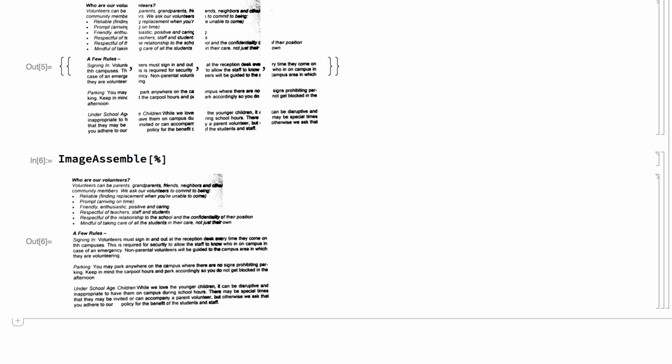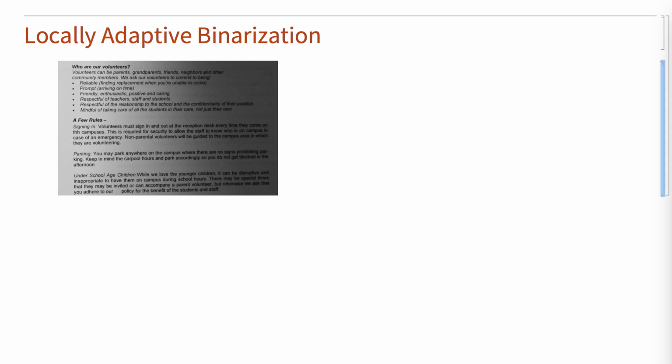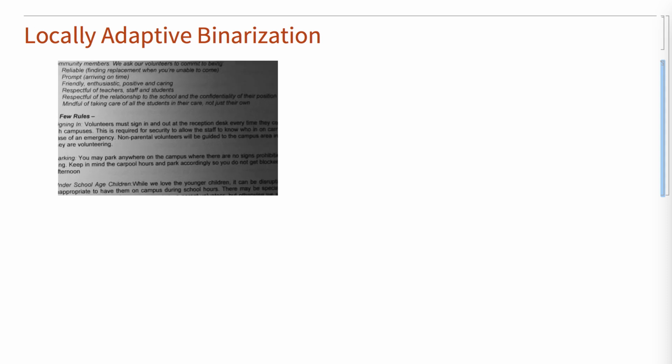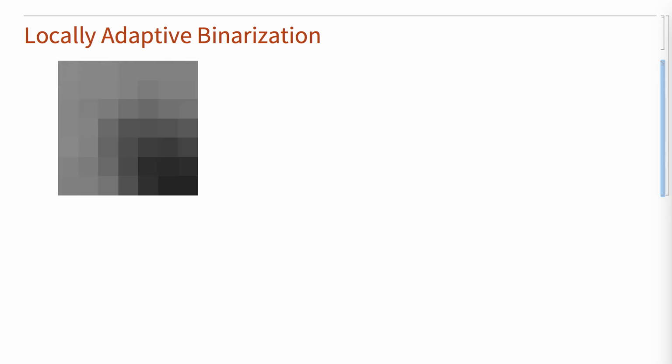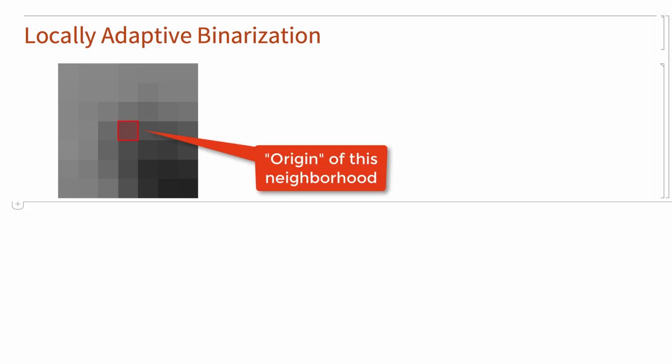One solution to these problems is to use a different threshold for every pixel, and to determine the threshold for each pixel based on the values of neighboring pixels. For example, zooming in on a small part of that image, this shows a 7 by 7 neighborhood around a typical pixel. The pixel to be binarized is the pixel in the center, which is sometimes called the origin of the neighborhood.